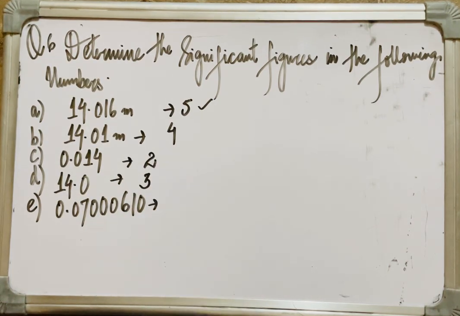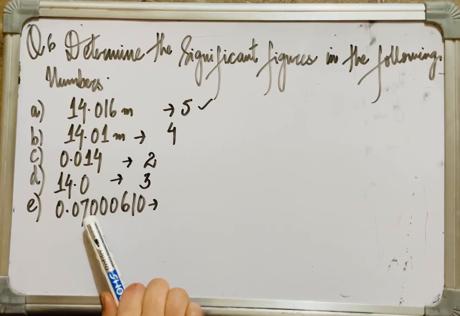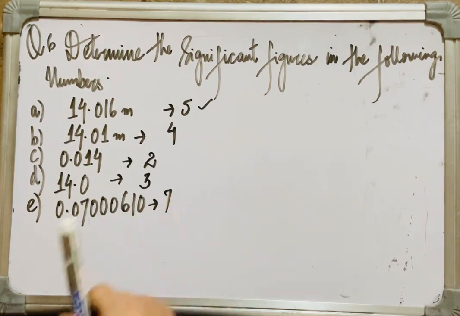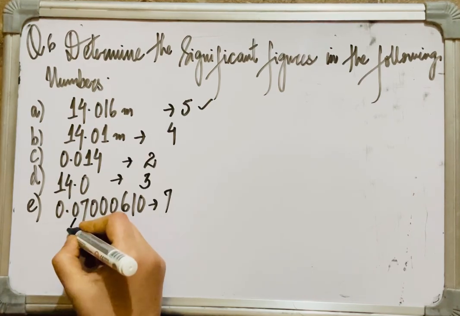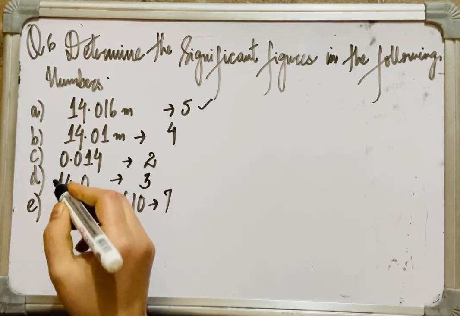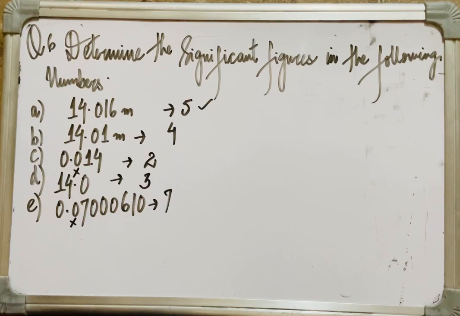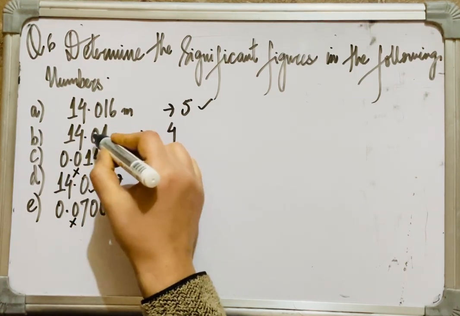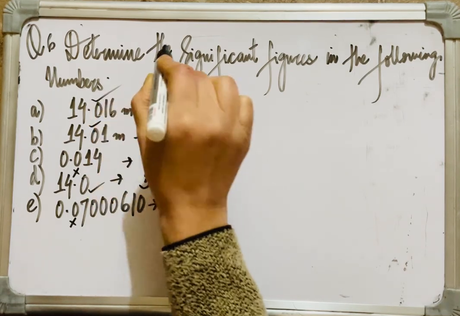All right, let's do this one. This has how many significant figures? It has 1, 2, 3, 4, 5, 6, and 7 significant figures, because this 0 being at the beginning is not significant. This was at the beginning, this was not significant. The zeros at the end are significant, and zeros in between the digits are significant.